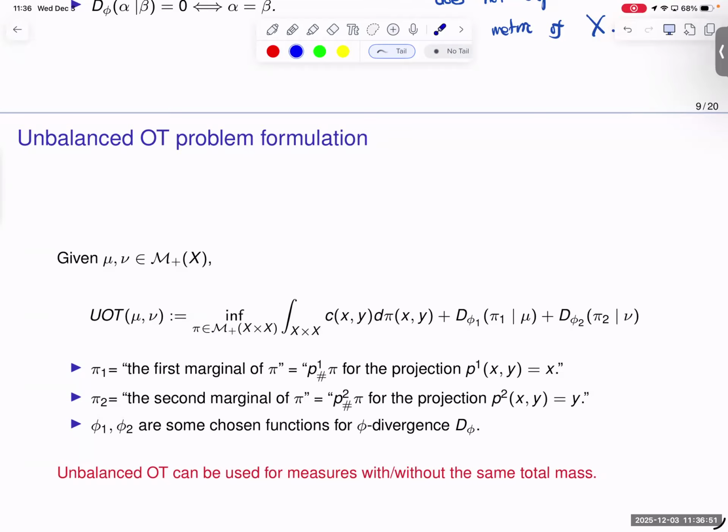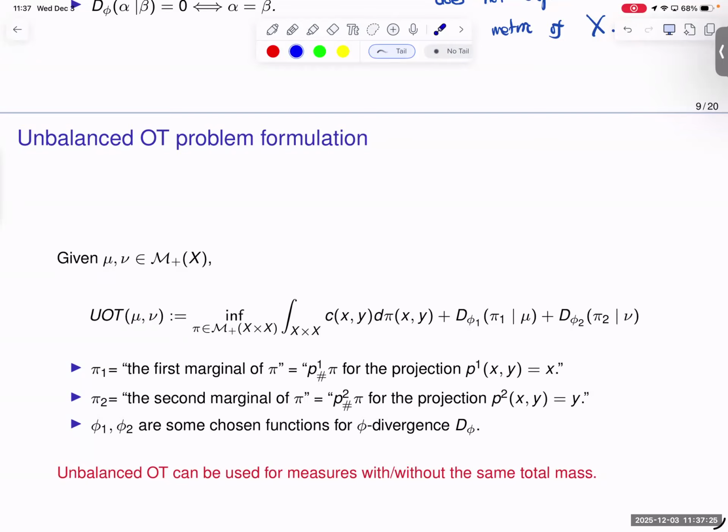You have some measure in the product space whose first marginal is one of the given measures and whose second marginal is the other measure. But to have such a feature, those two measures, let's say mu and nu, have to have the same total mass. Of course, not in our case. So no transport plan can match.